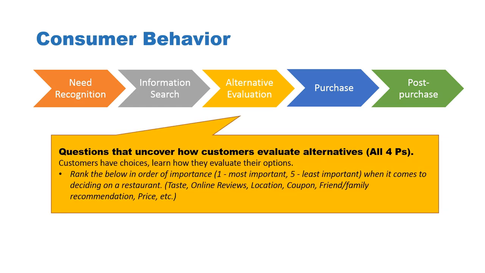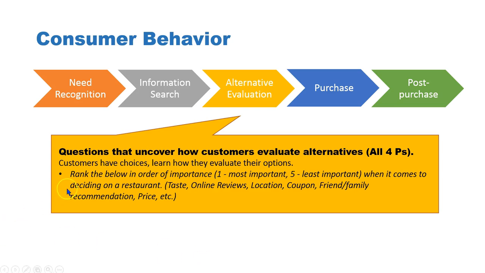In alternative evaluations, it can be assumed that customers have choices, and they'll want to evaluate their options, and you'll want to learn how they do that, so that it can help you maybe through your promotions, or how you locate your service, or where services are delivered, right?